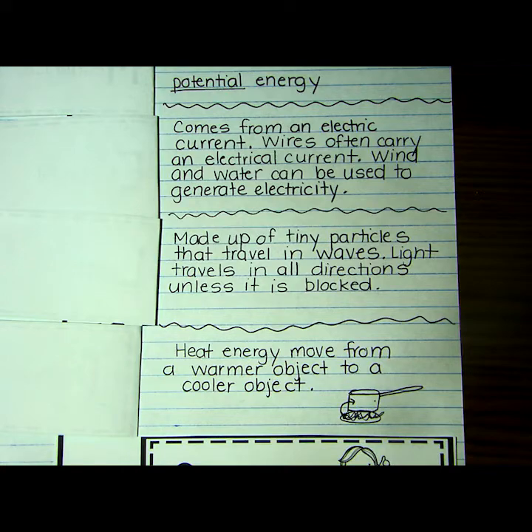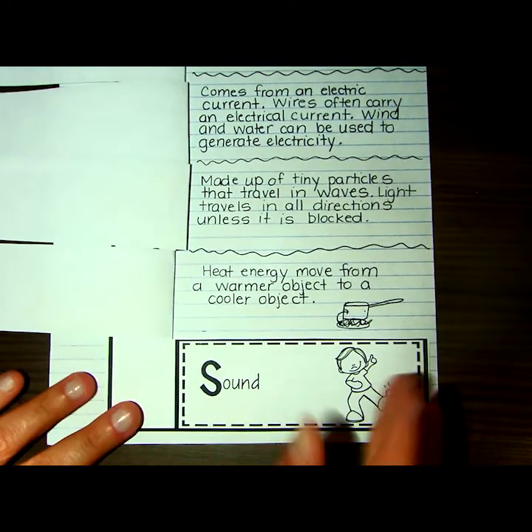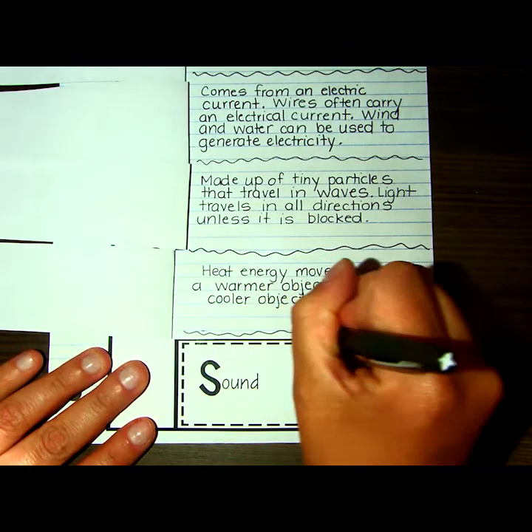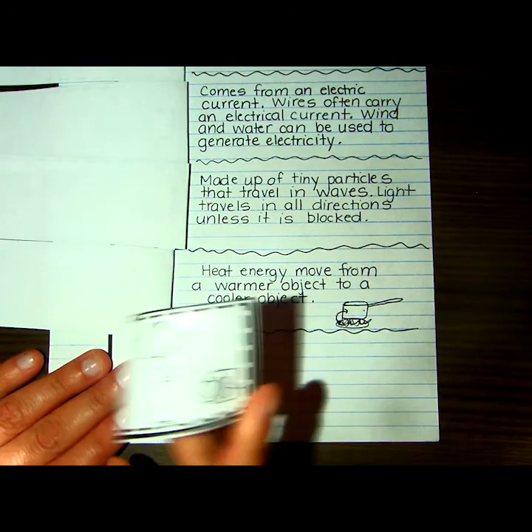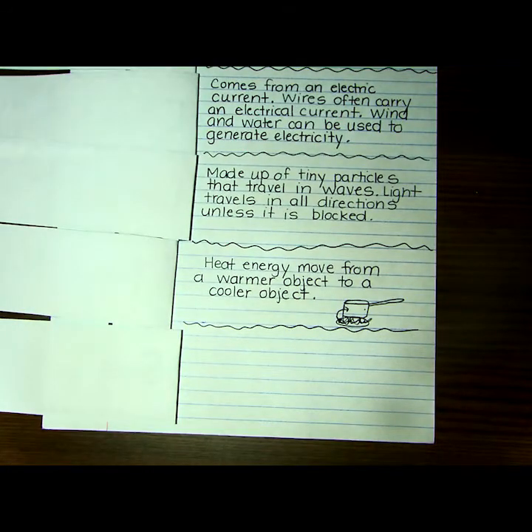And the last one we're going to talk about is sound energy. So I'm going to zoom out just a little bit more, and we're right down here on the last one. So I'm going to draw this line. So sound energy. In fourth grade, we want to know that sound energy really requires air or water to travel.